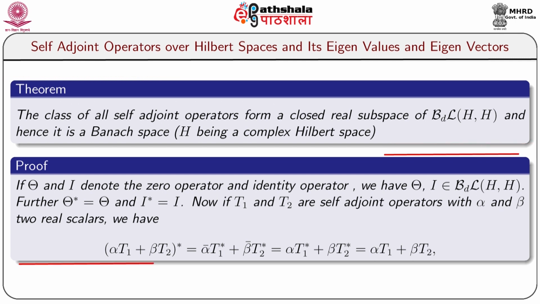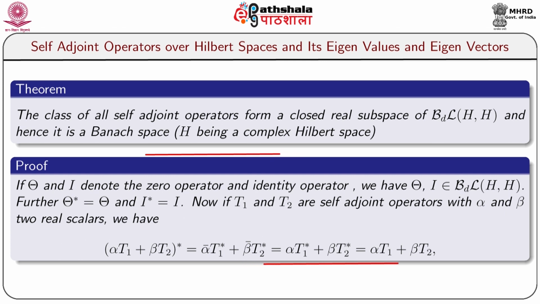If capital theta and I denote the zero operator and identity operator, we have the null operator and identity operator belonging to B(H). Further, the star of the null operator is equal to the null operator itself, and the star of the identity operator equals the identity operator.